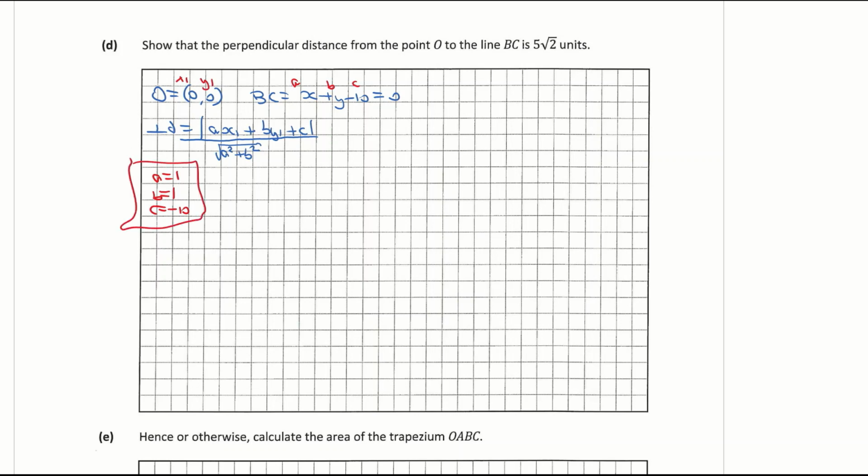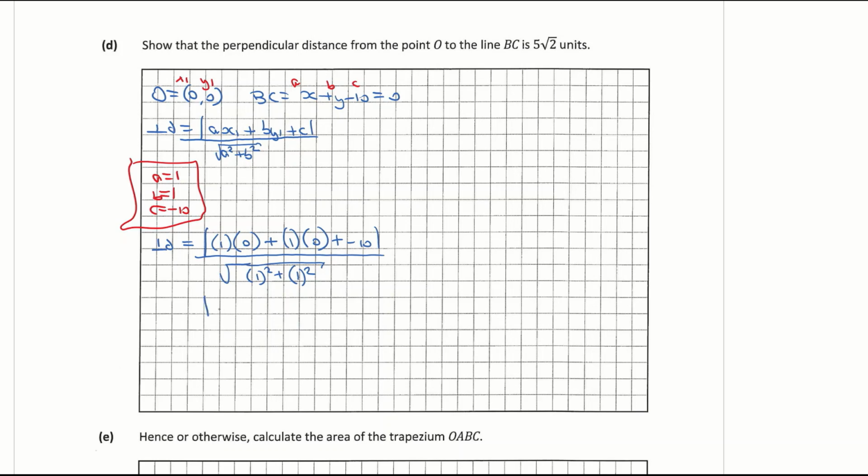So filling in my formula now, the perpendicular distance from BC to the origin is going to be the modulus of A, which is 1, times x1, which is 0, plus B, which is 1, times y1, which is also 0, plus my C, which is negative 10, all over the square root of A, which is 1 squared, plus B squared, which is 1 squared.